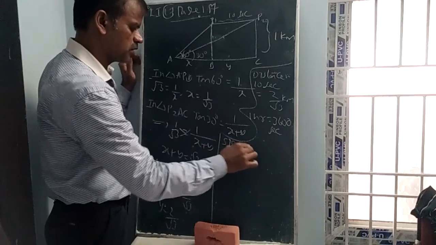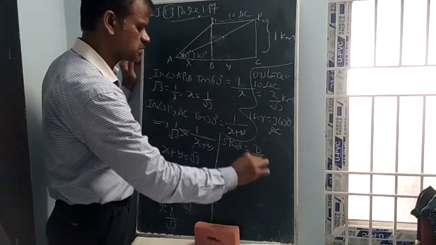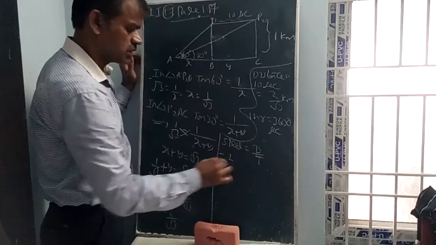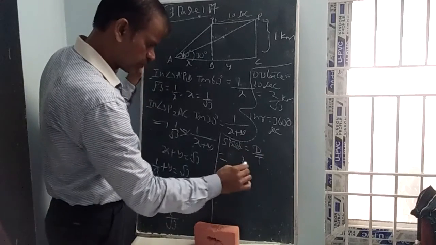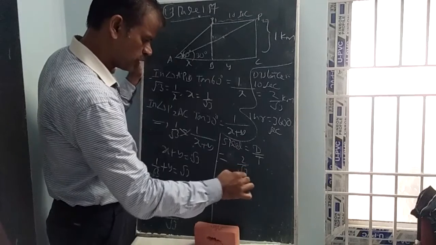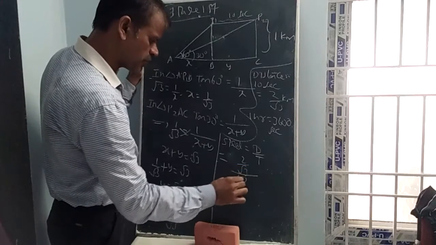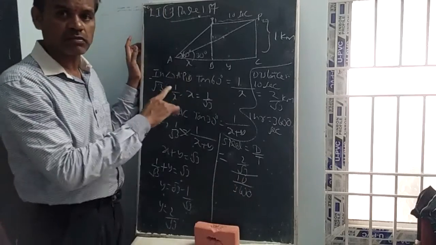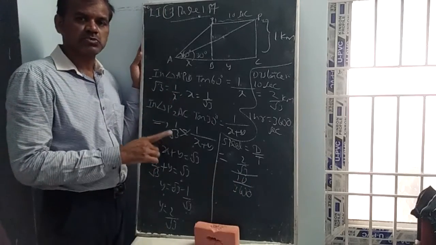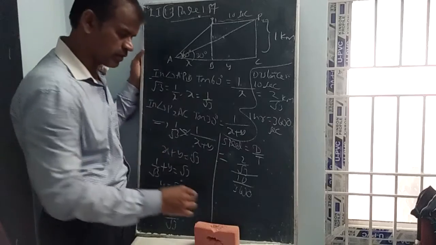Write the formula here: speed equals distance by time. What is the distance here? 2 by root 3. The time is 10 by 3600, because we are converting seconds into hours. We need to calculate the speed of the aeroplane in kilometer per hour.